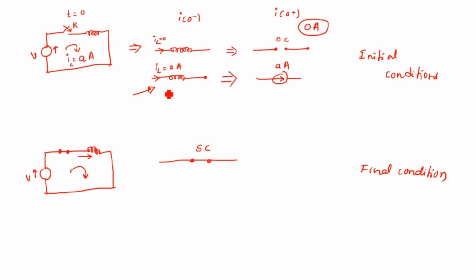For the second case, before switching, there may be a flow of A amperes through the inductor, and the switch is kept on for a long period of time, then obviously it acts as a short circuit, but this current should be shown. Along with this short circuit, I need to show this A amperes. These two are the final conditions of an inductor, right?